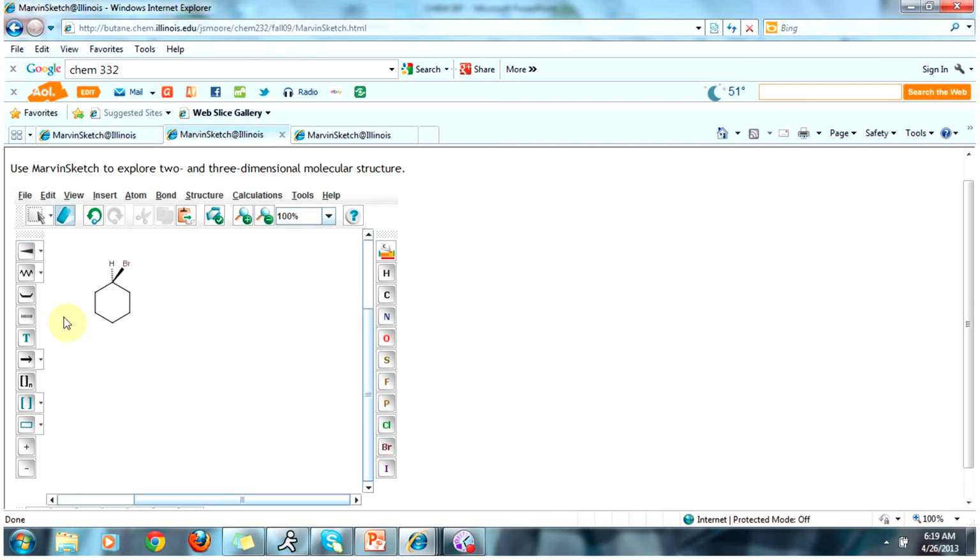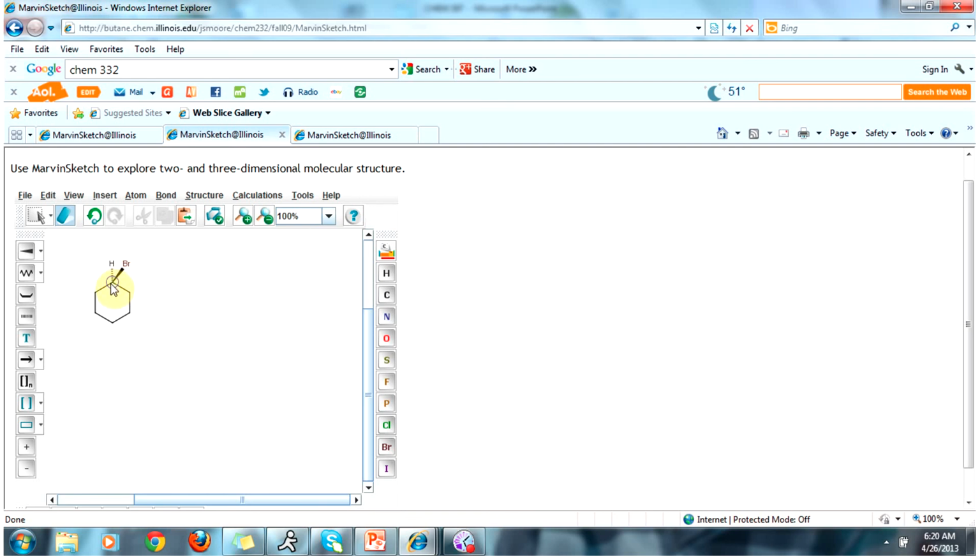The second example I have, I wanted to talk about chiral centers. Any of these carbons over here are not going to be chiral centers because they have 2 hydrogens. And for a chiral center to be a chiral center, you need to have 4 different groups. This is still not a chiral center, even though you have a bromine and a hydrogen.